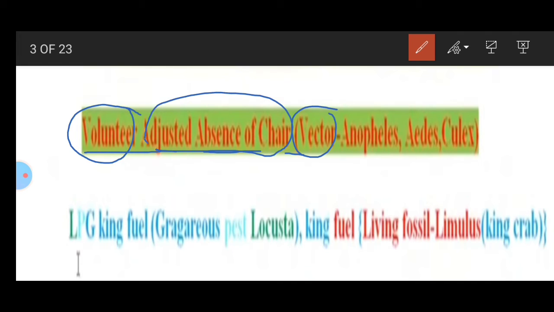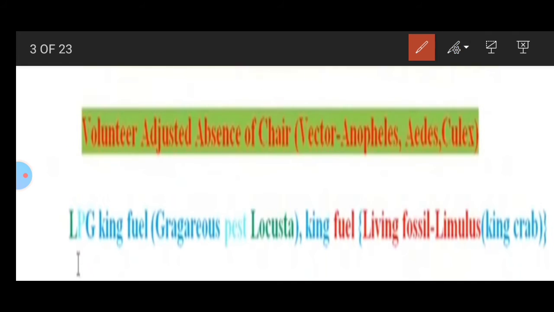Adjusted absence of chair means some person came and adjusted without a chair. Volunteer stands for the vector. Adjusted stands for anopheles.